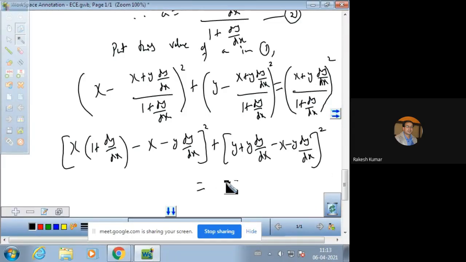And on the right hand side you will have (x plus y dy by dx) whole square.